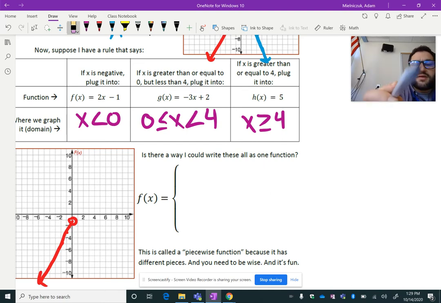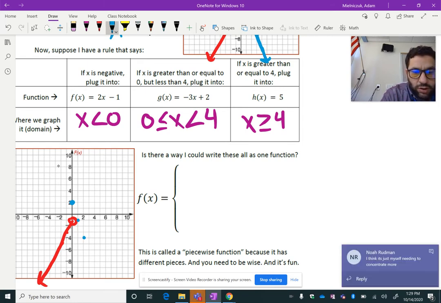Then we said we're going to graph -3x plus 2 from 0 to 4. So we'd start at 2. It's included because it's or equal to. We go down 3, 1, 2, 3 over 1, and we're going to do this all the way to 4. But that's going to be an open circle.